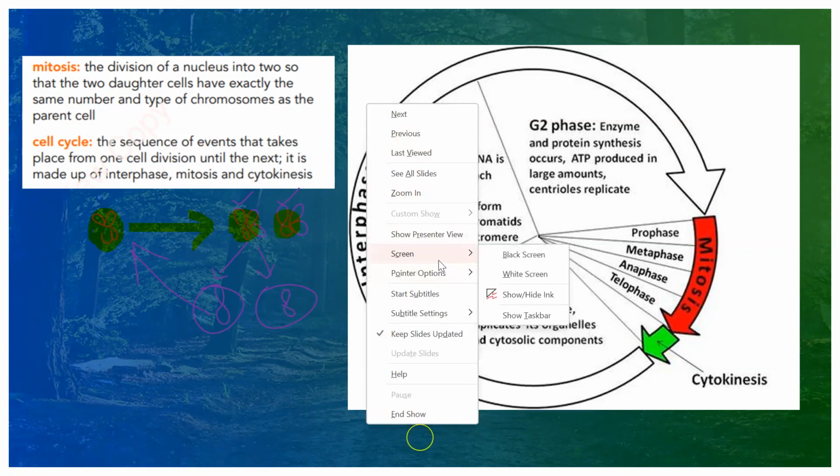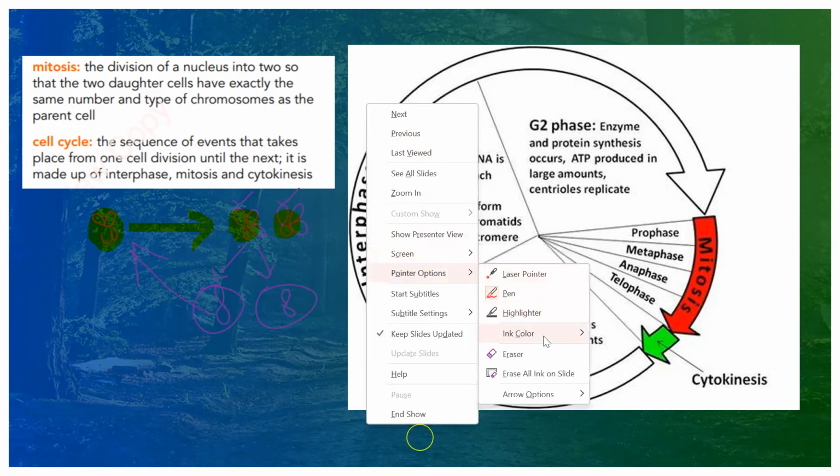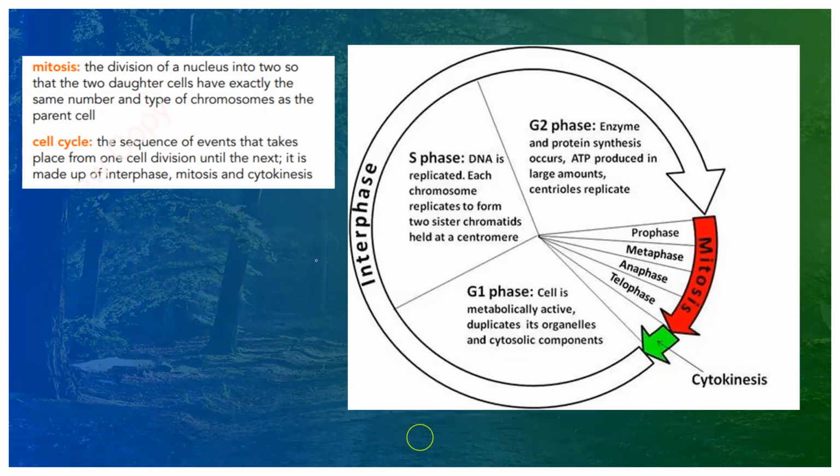Now, what we need to do at this point is realize that we have to divide it into three phases. There are exactly three phases. The first phase is interphase. The second phase is mitosis, and the third one is cytokinesis. So again, first phase, interphase.